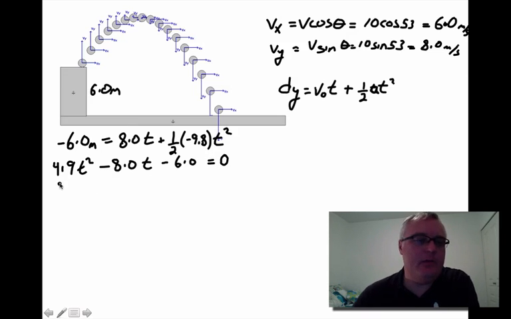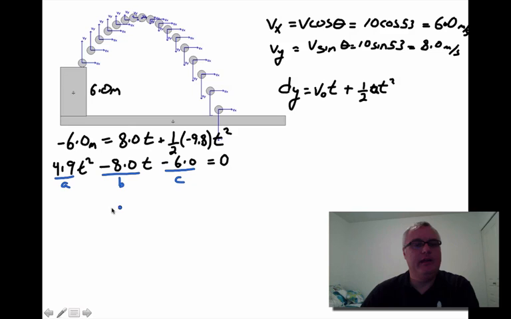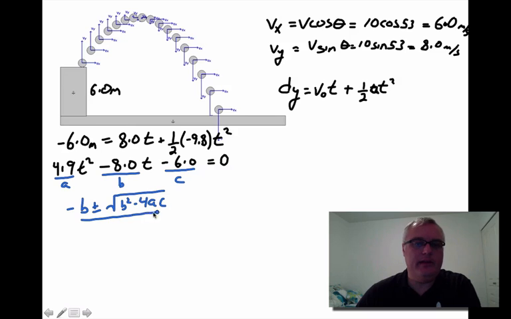And in a quadratic equation, you have an a term, so this here is your a, and a b, which is this, and a c, which is this. And the quadratic formula is minus b plus or minus the square root of b squared minus 4ac, and all of that divided by 2a.